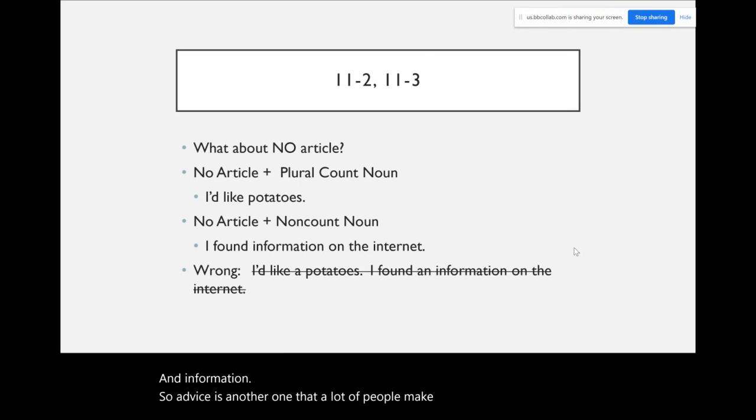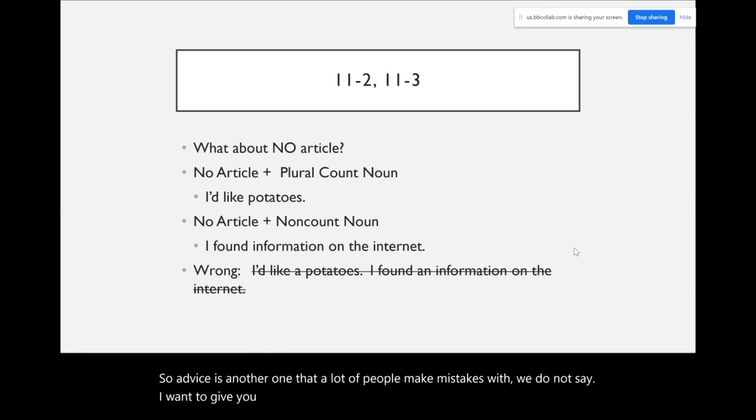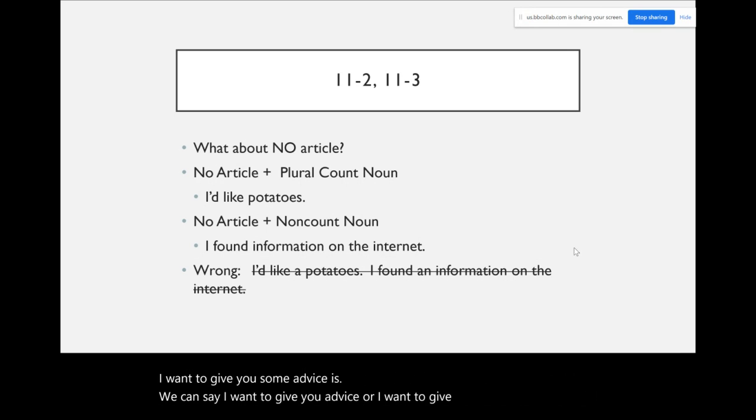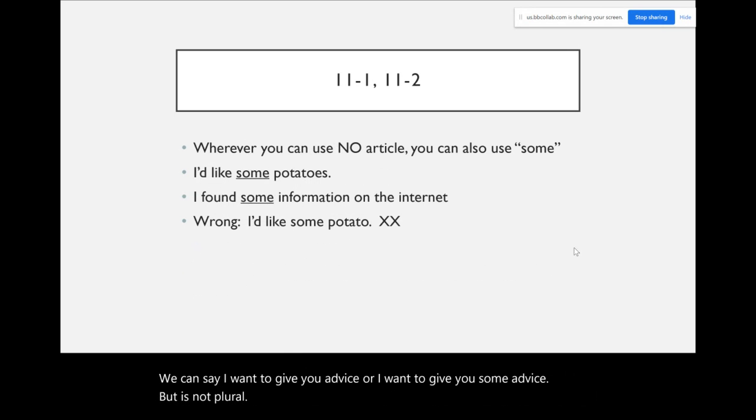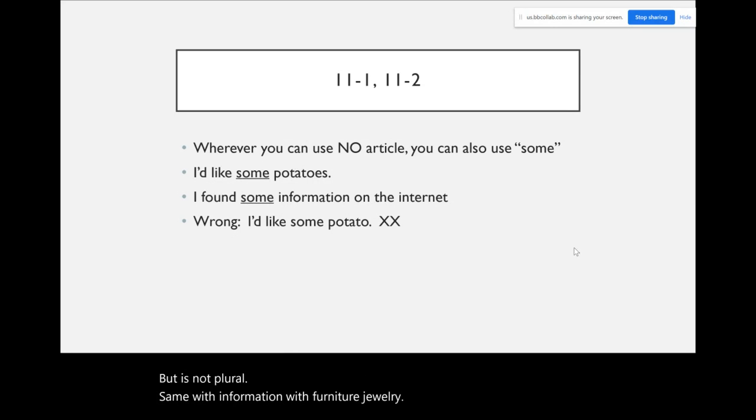We do not say, I want to give you some advices. We can say, I want to give you advice, or I want to give you some advice, but it's not plural. Same with information, furniture, jewelry. There's a lot of words here that we do not make plural.